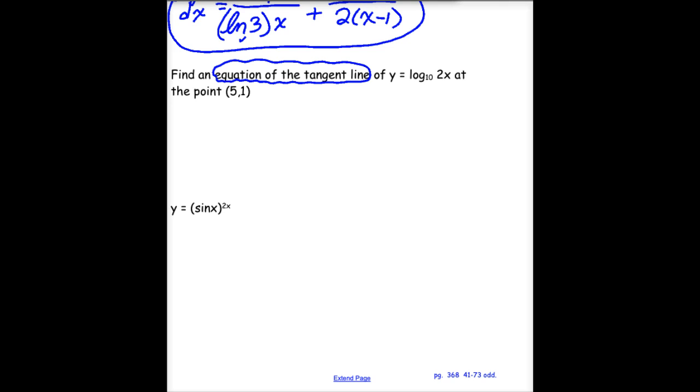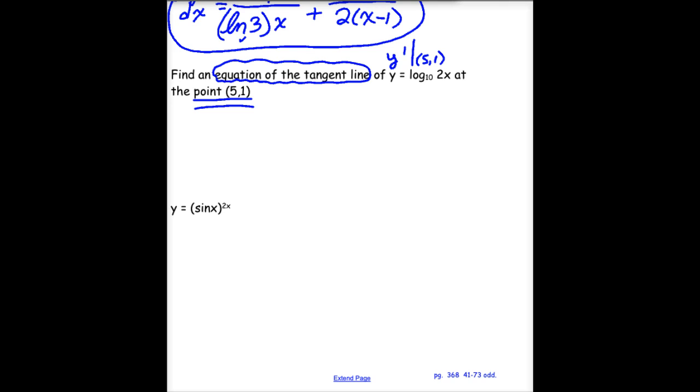We always need to have a point. In order to write an equation of the tangent line, you must find or be given a point. And then we always need to be given or find the slope of the tangent line, aka y prime at that point.